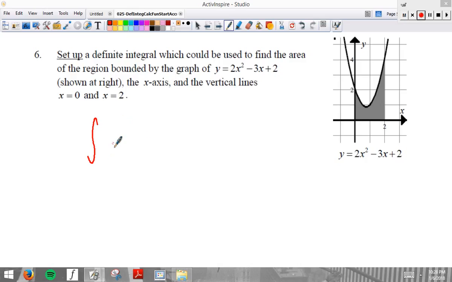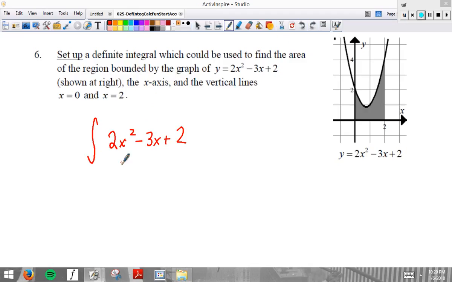What would the integrand be here? The integrand would be, what are we between? We are between the x-axis and this parabola. So my integrand is the equation of the parabola. I misspoke. It's not the equation. I've seen many people lose points for doing that.